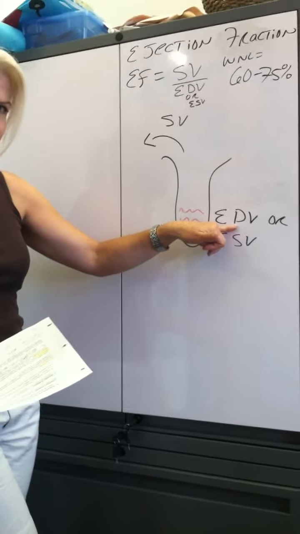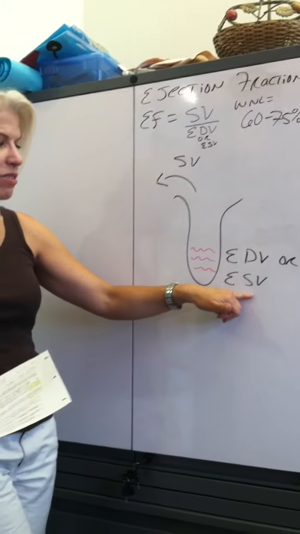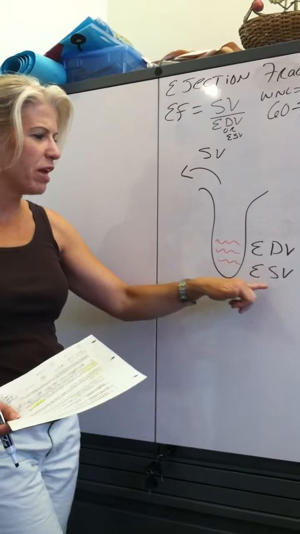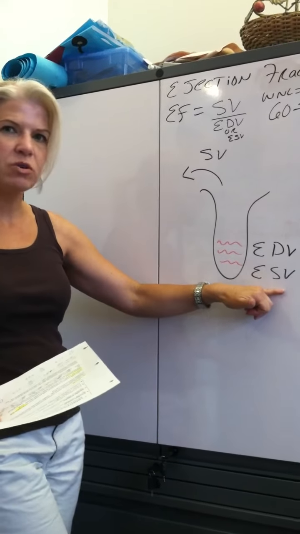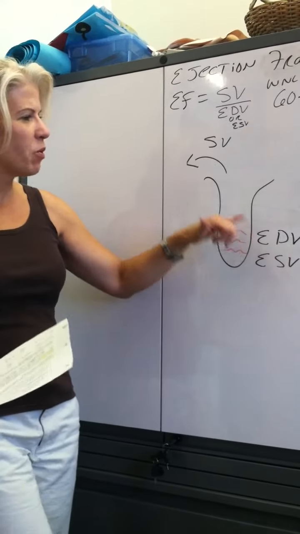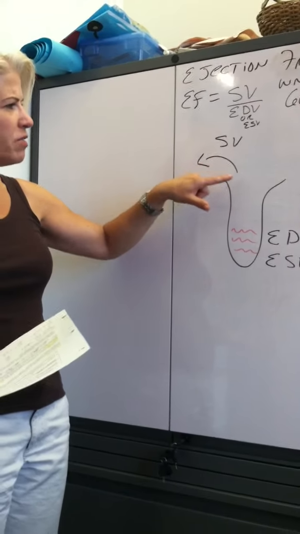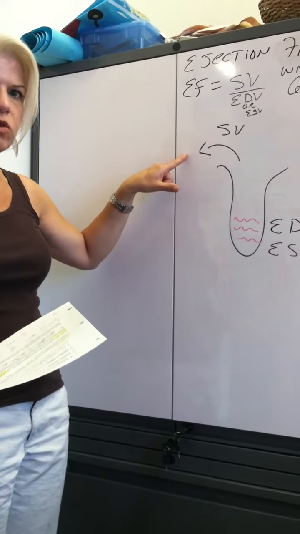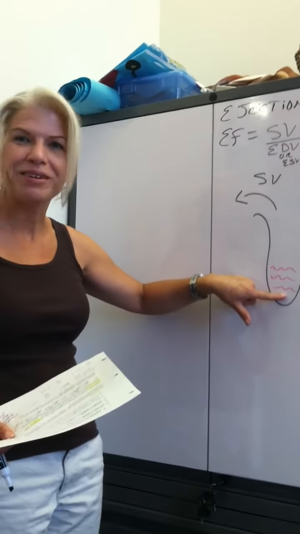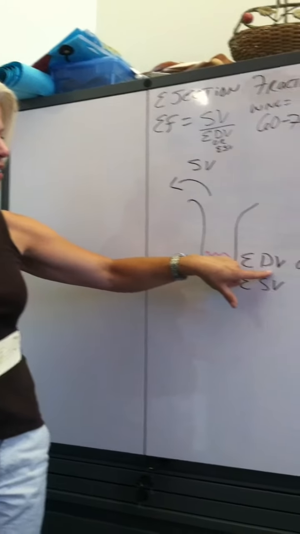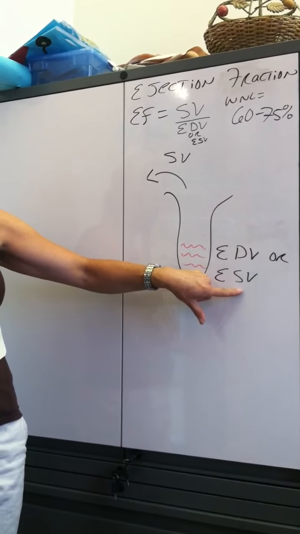Sometimes students don't like that. They like the term end systolic volume better, because they're saying, well, that's the end volume after systole has occurred. If you like this term better, fine. But what's happening here is that we're comparing how much goes out, stroke volume, compared to how much stays behind, and we can call that the end diastolic volume or the end systolic volume.